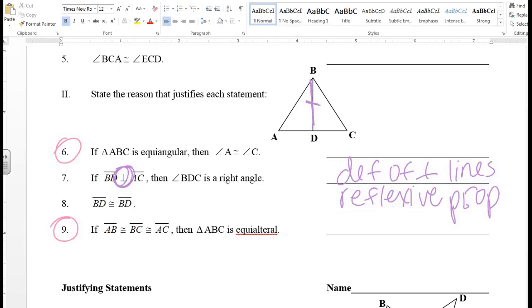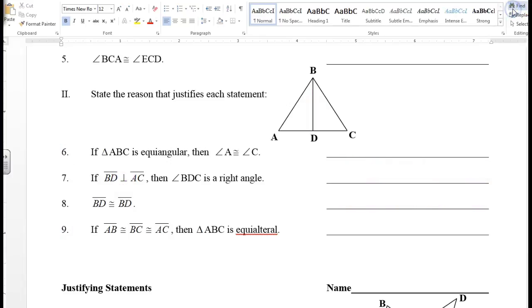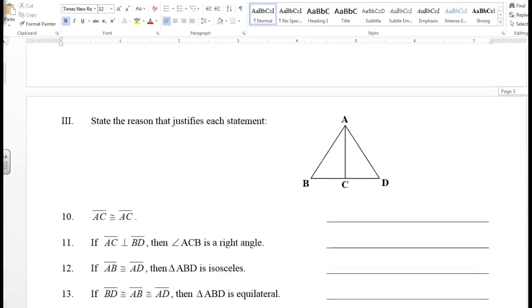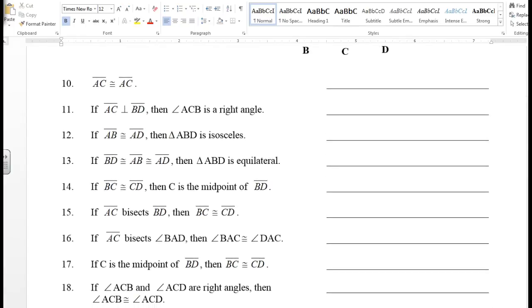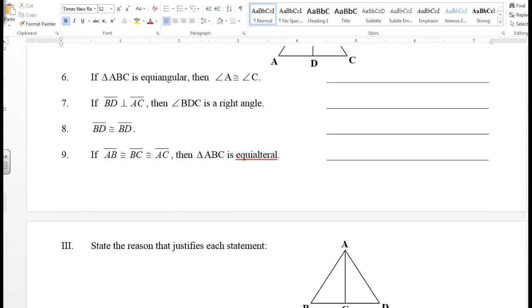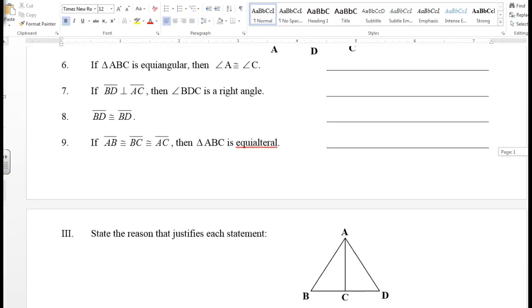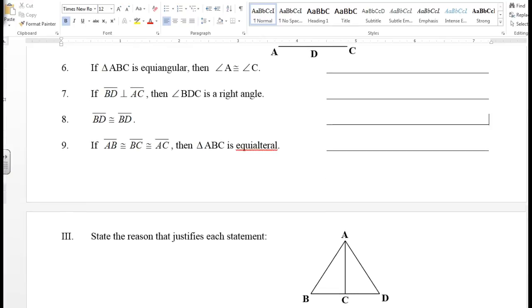And let's see if there's any I can get you to skip on the back. You can skip 12 and 13 because those are not on your paper.